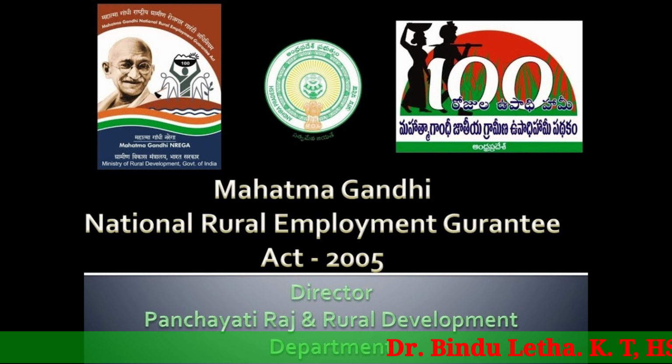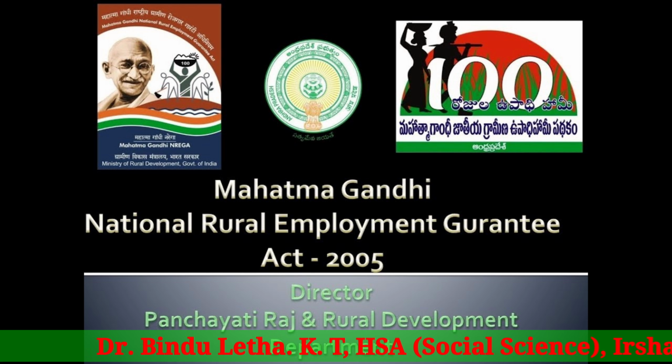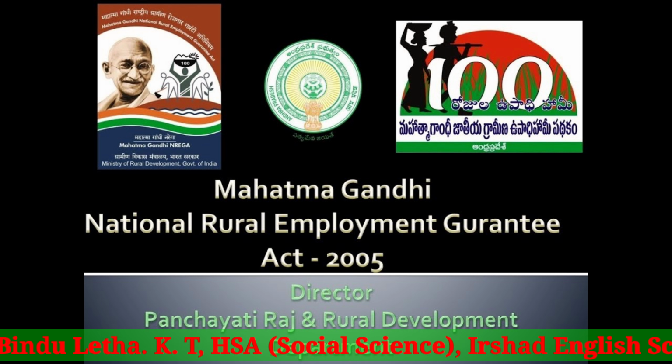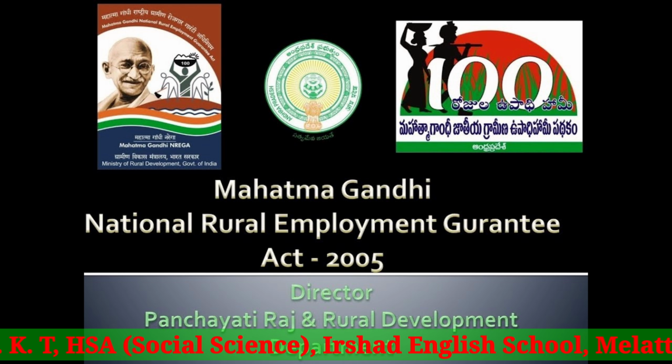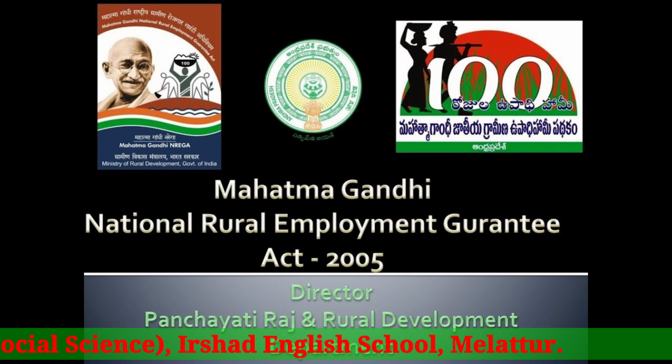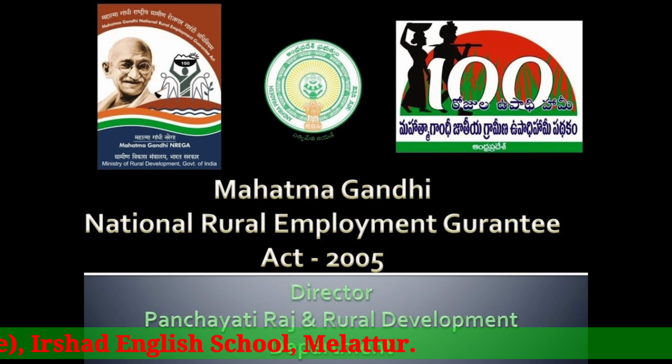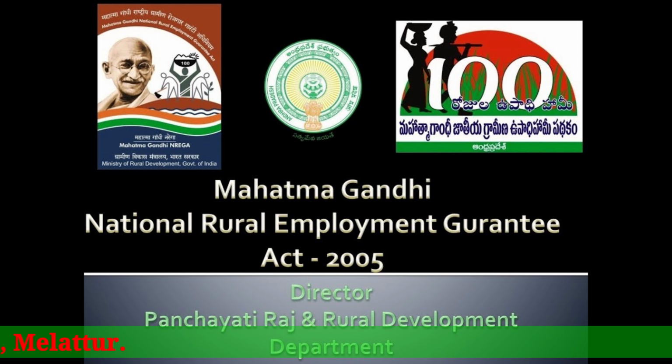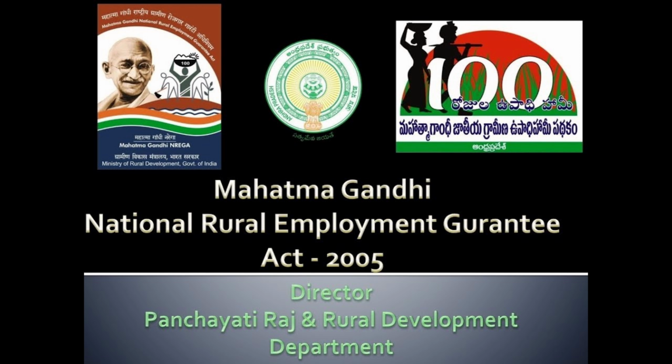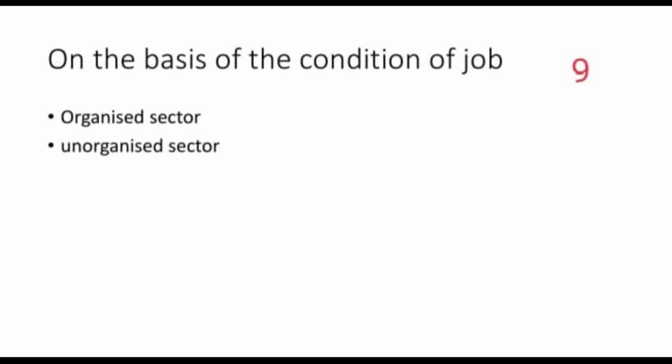If the government fails in its duty to provide employment, it will give unemployment allowances to the people. Works that would in future increase the production from land will be given preference under this act.